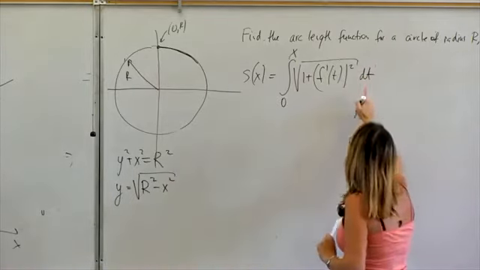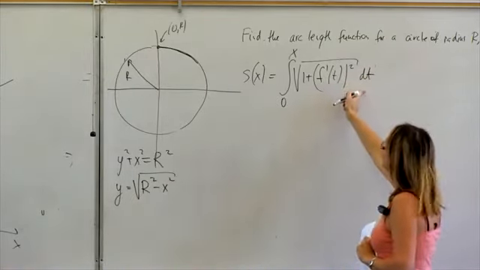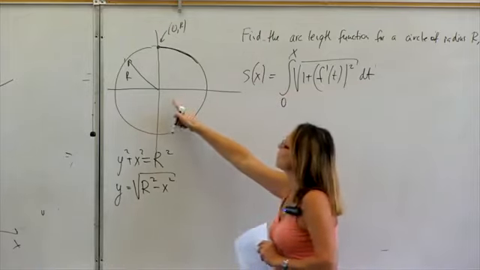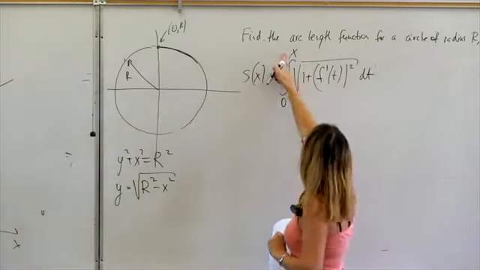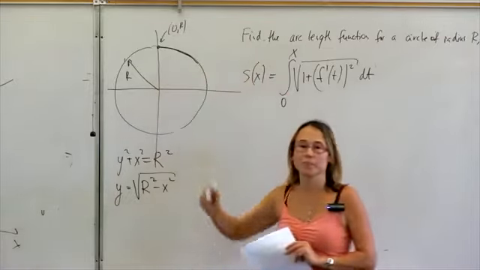Okay, so here in this notation, my silent variable of integration is t, and this x on top is where I stop integrating.